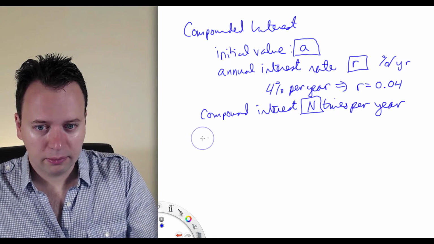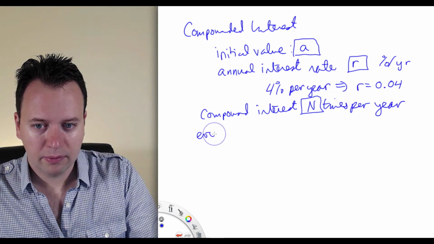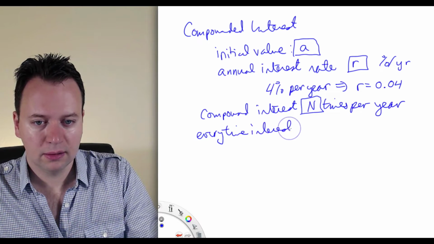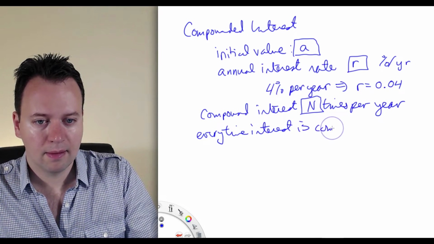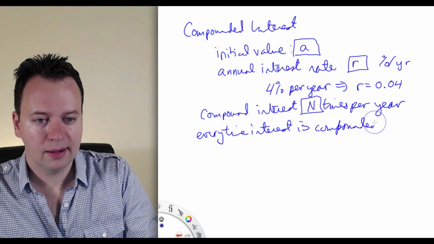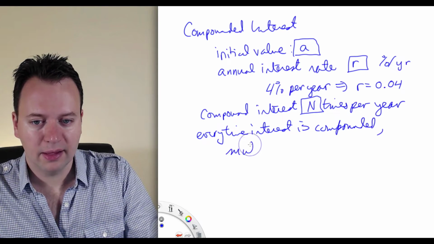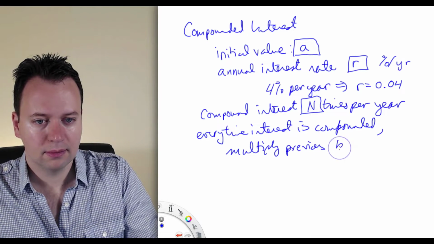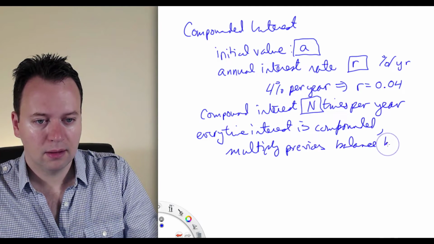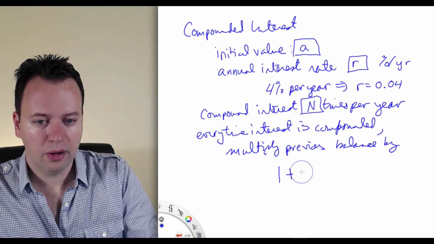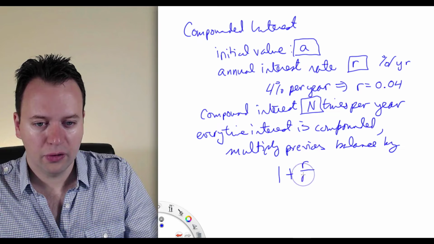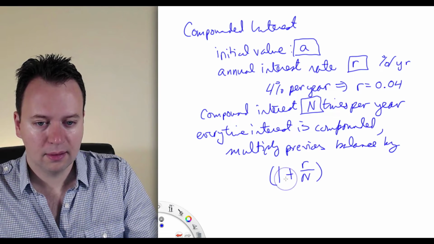In general, every time interest is compounded, we have to multiply the previous balance by a factor of 1 plus R over n, right?